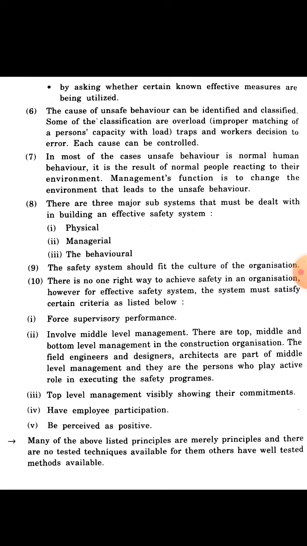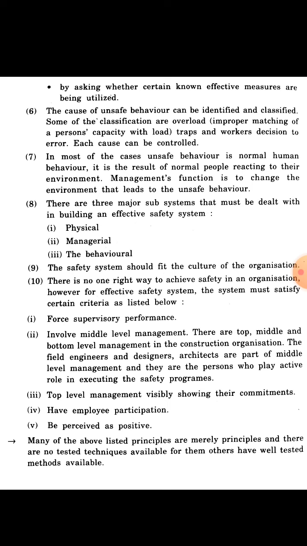And eighth, there are three major subsystems that must be dealt with in building an effective safety system: physical, managerial, and behavioral. Ninth, the safety system should fit the culture of the organization. And tenth, there is no one right way to safety in an organization.